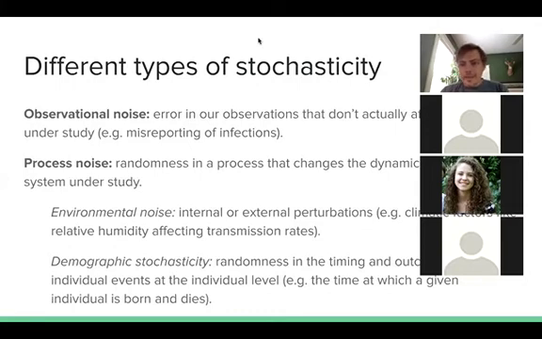It's this randomness at the individual level that we're really interested in, because ultimately, unlike in the deterministic differential equation models we were considering last week, in the real world we have to consider whole individuals. We can't have fractions of individuals get infected. We need a whole integer number of individuals in our system. And so that's why we'll spend a lot of time talking about demographic stochasticity.